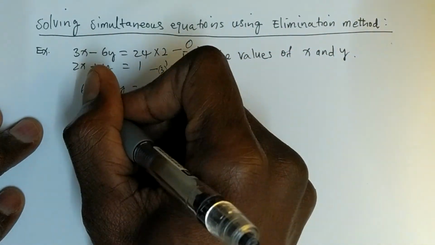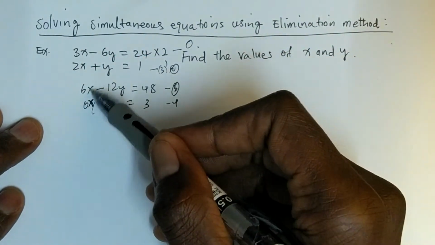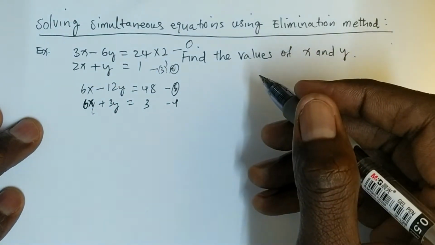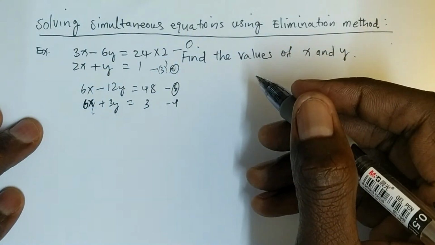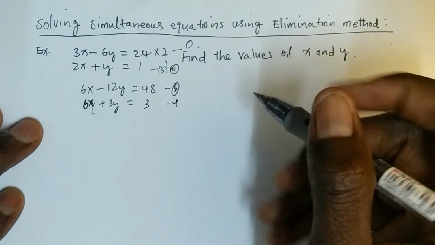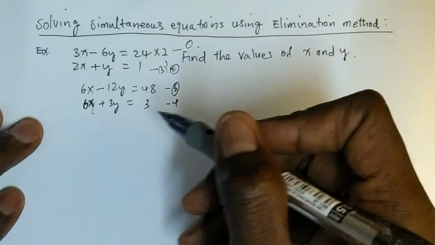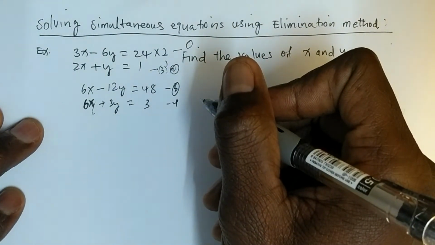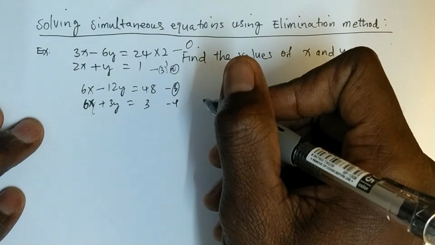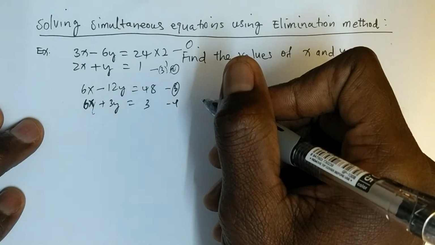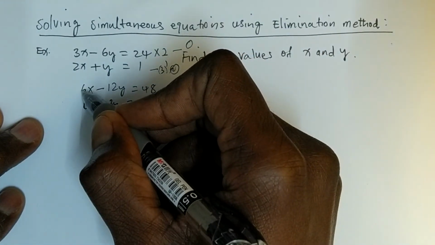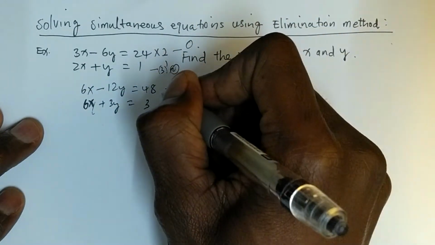So from here we know that the coefficients of x are the same. Your next step is to consider the sign, whether the signs are the same or not. If the signs are the same, you subtract the equations. If the signs are different, you add the equations. What I mean by this: here we can see the signs are the same, so we subtract the equations.